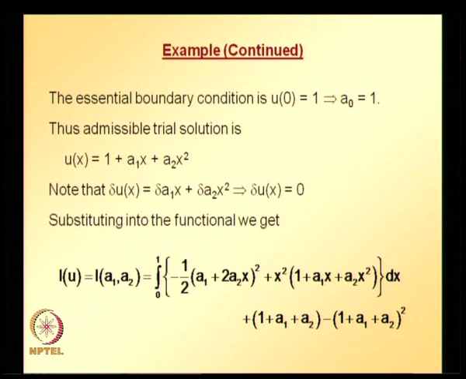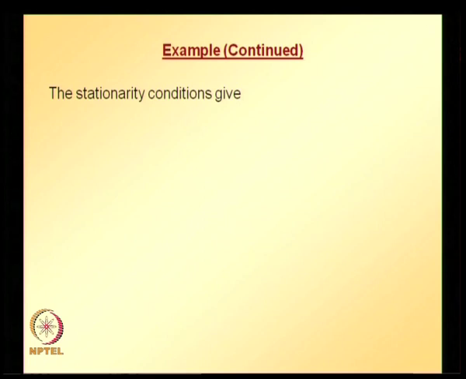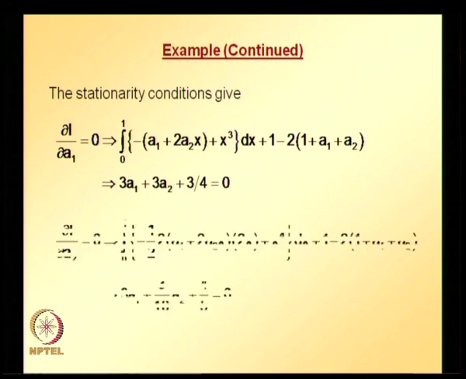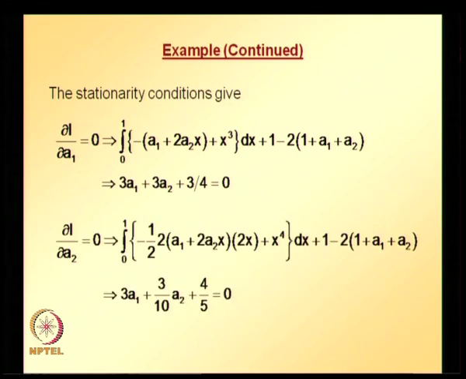Now variation of I should be equal to 0, which is possible only if the partial derivatives of I with respect to the unknown coefficients are equal to 0. These are the stationarity conditions. Applying the first condition, partial derivative of I with respect to a1 equal to 0, you get the first equation, and applying the second, partial derivative of I with respect to a2 equal to 0, you get the second equation.